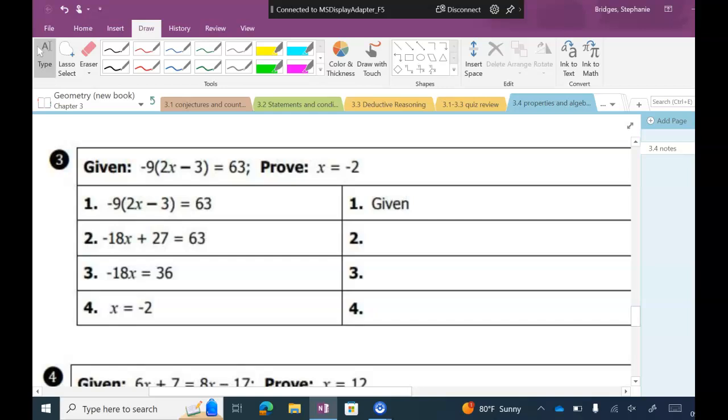Give me a comment. Everybody filling in the reasons for proof number 3.